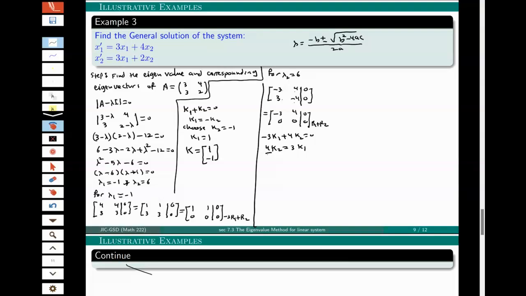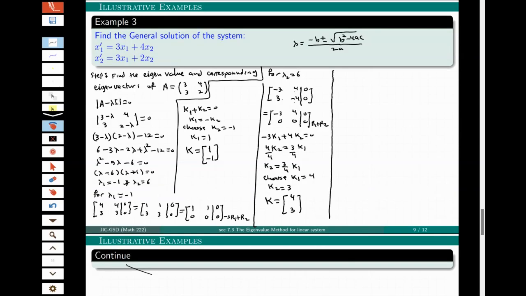So divide by 4, you will get K2 is equal to 3 over 4 K1. So choose K1 to be 4, K2 will be 3. So our eigenvector is 4 and 3.